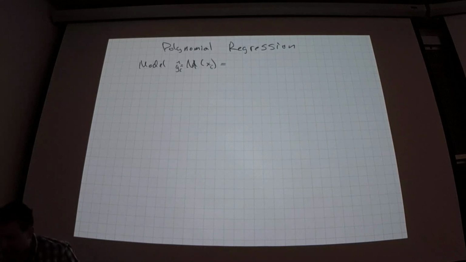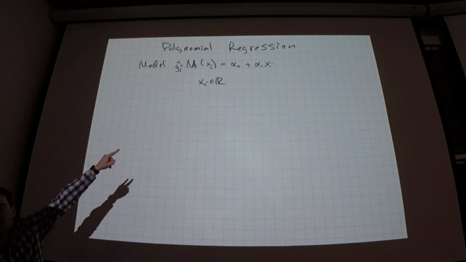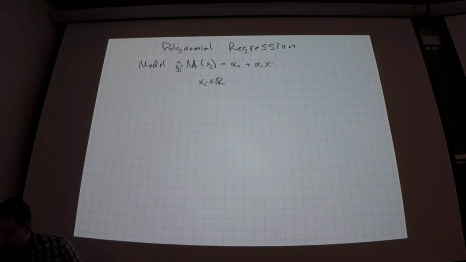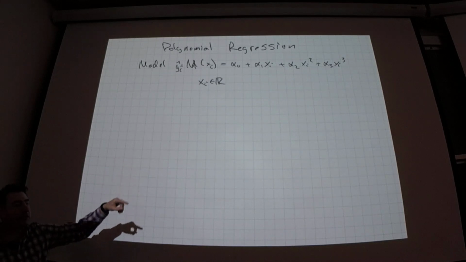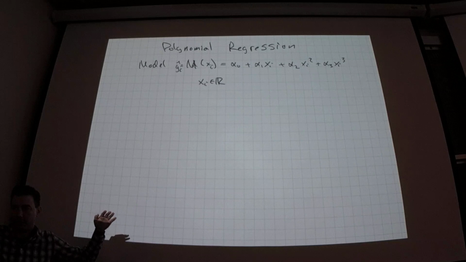We'll just say x_i is in R, but you can extend this to multiple variables. The idea is that it's some alpha 0 offset plus alpha 1 x_i. So this is a linear model like we had before, but you can do things like x_i squared plus x_i cubed, and I can keep adding these polynomial terms, and this gives me a polynomial model.